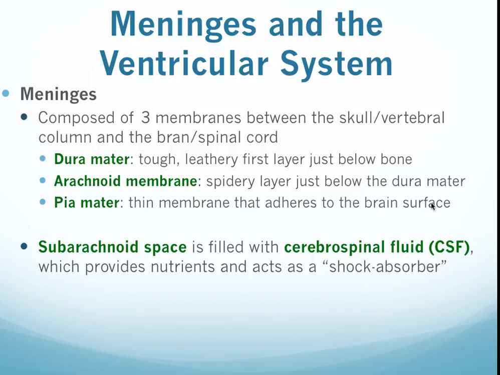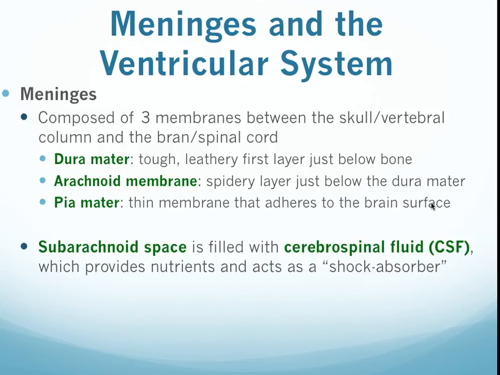Now, this is actually important because if you think about it, you have a brain underneath your skull, and what you want to have is a situation where you have a few different membranes to protect it, but you also want some sort of shock absorbing. Because if you were to fall or get punched in the head, or get kicked in the head, or get in some kind of an accident where your body is jarred very quickly, what you don't want happening is your brain bouncing into your skull.